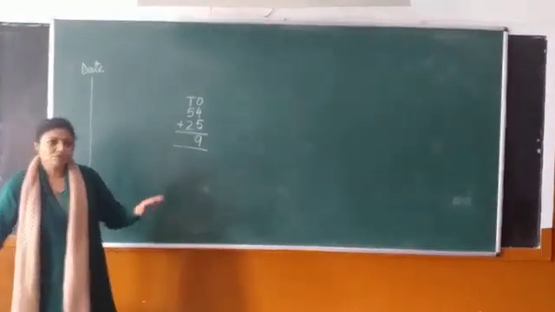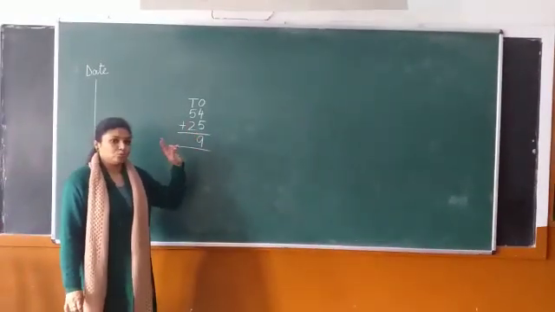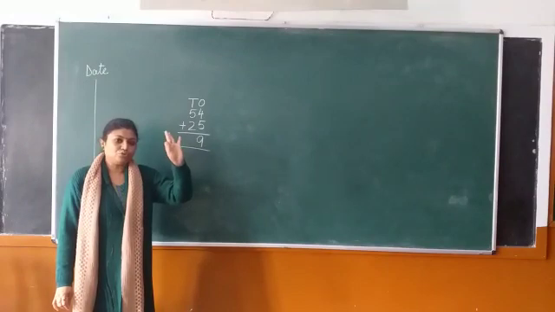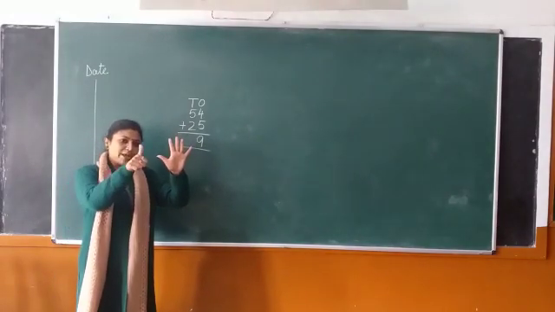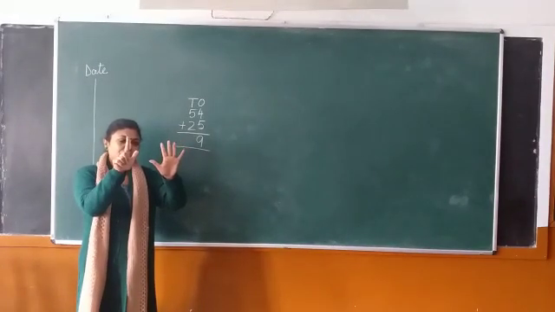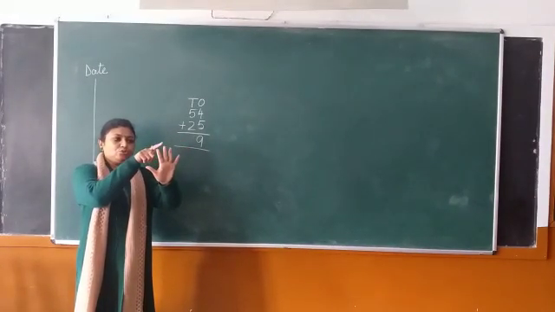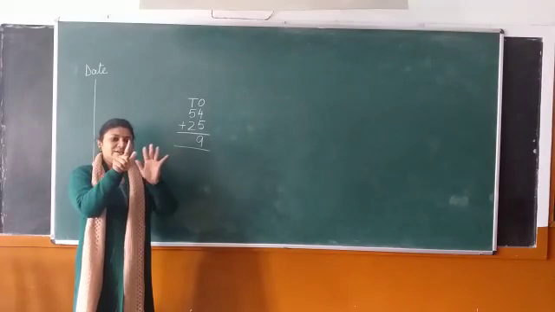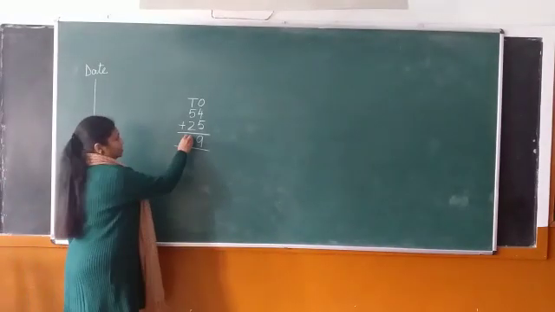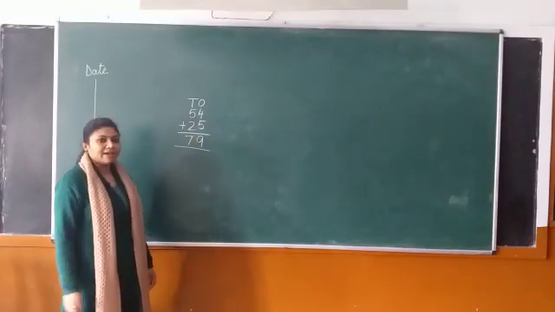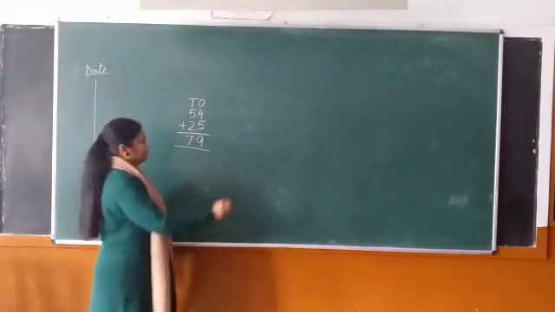Now let's count 5 plus 2. 1, 2, 3, 4, 5 and plus 2. 1, 2. Now let's count them together. 1, 2, 3, 4, 5, 6, 7. So this is 54 plus 25 is 79.